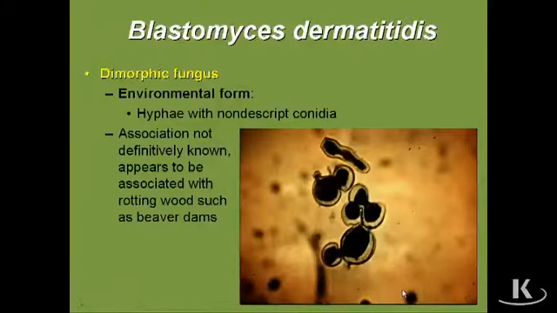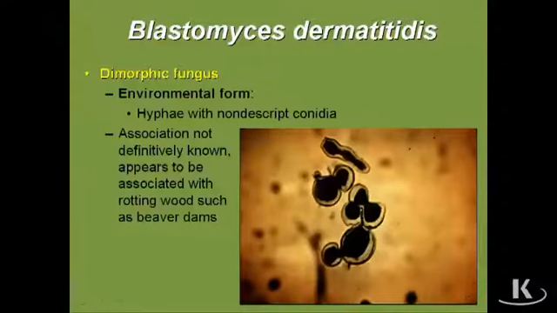Remember, all of the B's for blastomyces, broad-based budding blastomyces. They can mention that in a case, which they often do, or they can show you an image. So here's your budding yeast with a broad base here, and you have kind of a double refractile cell wall around those budding yeast.